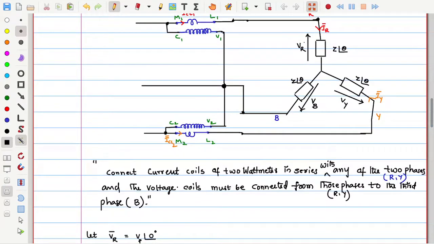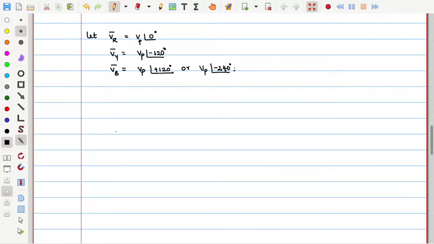So these load voltages VR, VY, VB, I am considering as balanced three-phase voltages. Once we know these, can we find the load currents IR, IY, IB? We can easily find them as voltage divided by impedance. That is VR divided by Z at an angle theta, which is equal to VP by Z at an angle of minus theta.